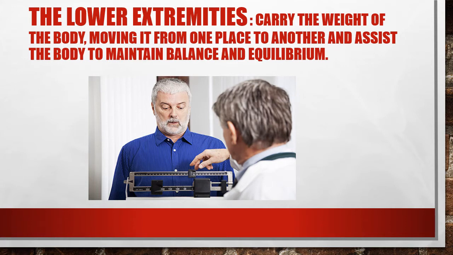The lower extremities carry your weight when you move from place to place, and they actually assist the body to maintain balance. People don't realize that the hip socket, meaning the femur fitting into the acetabulum, the acetabulo-femoral joint, has probably the highest concentration of proprioceptors in the lower extremity.